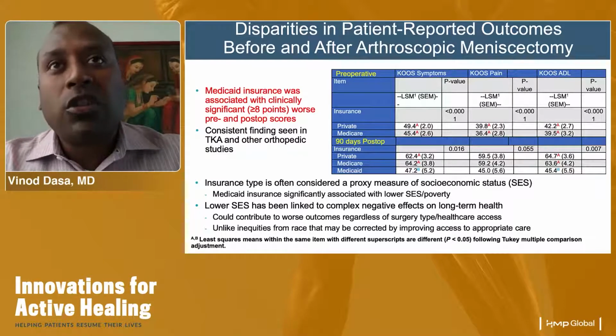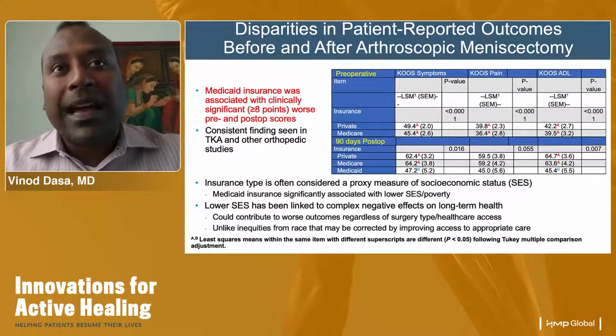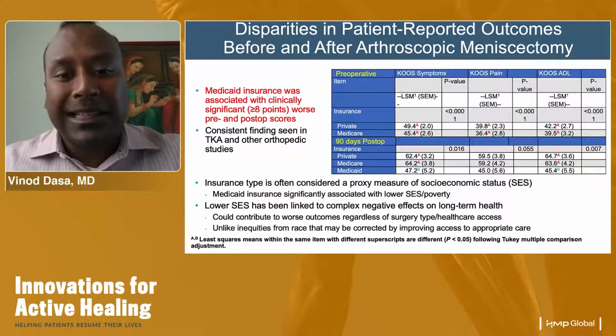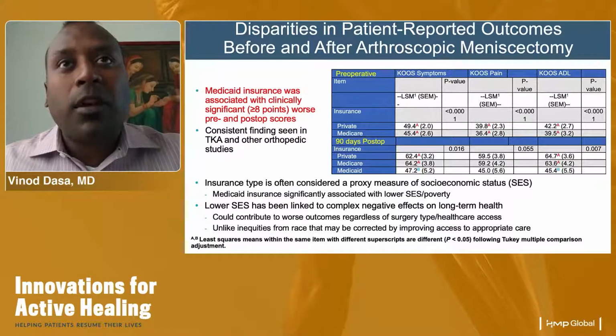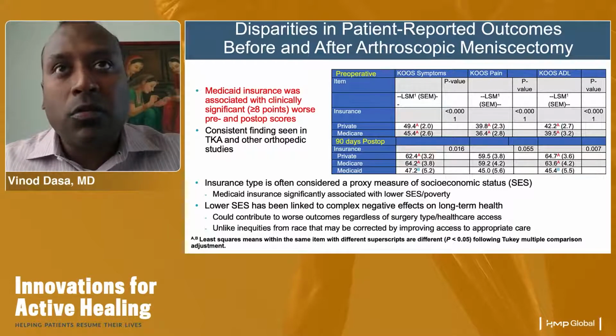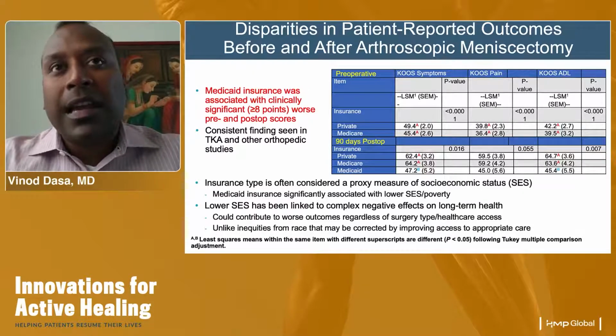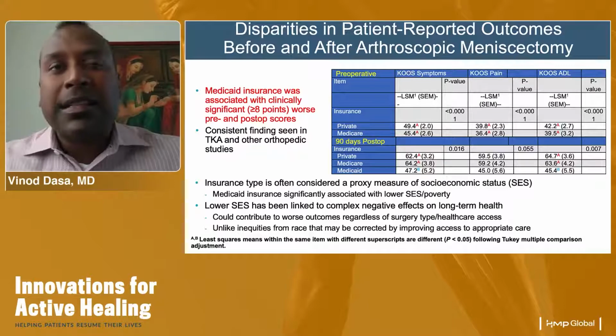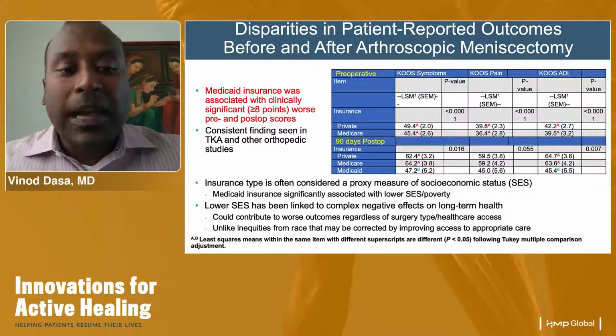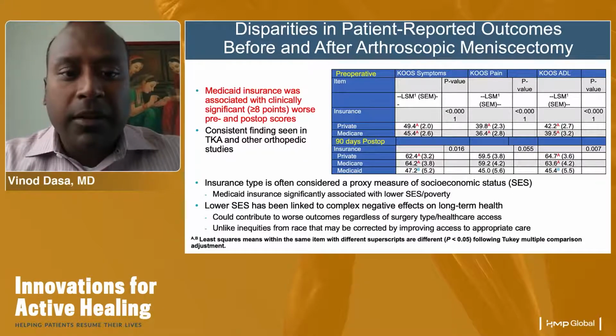So what this shows is that access to resources and access to care is one of the biggest gating items and influences on how patients do, not necessarily the color of your skin. If you can get them access, patients will do well. And so the barrier is really access. The color of your skin goes hand in hand with access, but if we can tease out that difference, we can move the needle and make a difference.